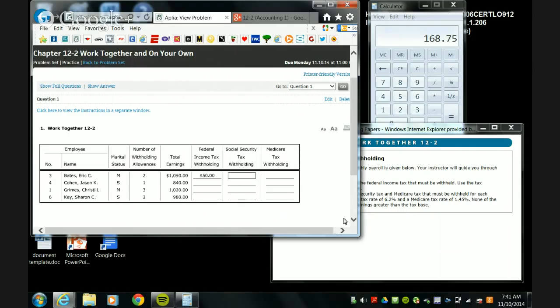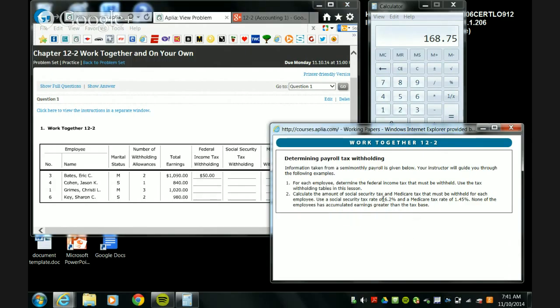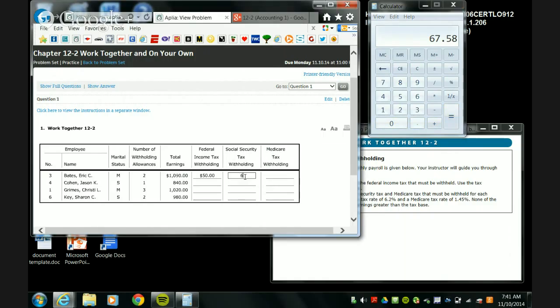Okay, so for his Social Security, I find that over here, it's 6.2%. So I put that into my calculator as 0.062, because that's 6.2% expressed as a decimal. And I multiply that by his total earnings, and I get $67.58 for Social Security.